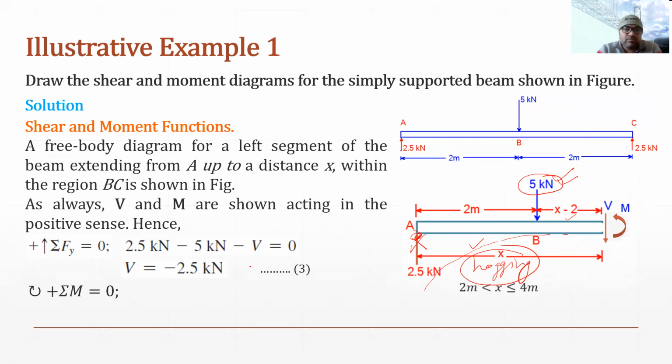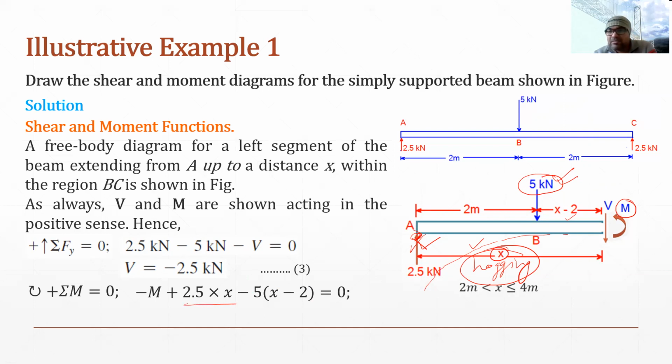So I am writing the equation here. The value of M will be taken as negative because it is anti-clockwise, when we are summing the moments. So minus M plus the moment created by this force, which is 2.5 multiplied by x, so plus 2.5x.